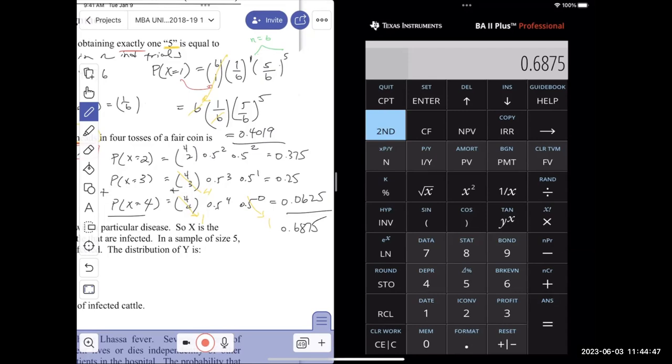Now, if you did this in Excel, you couldn't use cumulative because cumulative will give you 0, 1, and 2. So you would have to do 1 minus to get this answer, 1 minus 0 and 1 to get this answer. So you have to know what you're getting out of Excel.